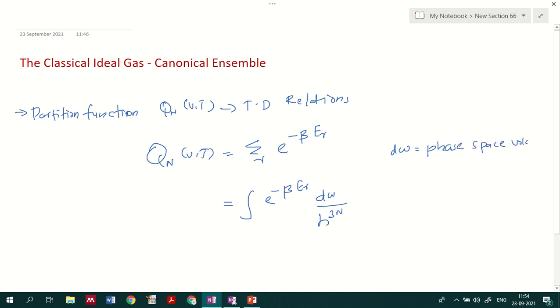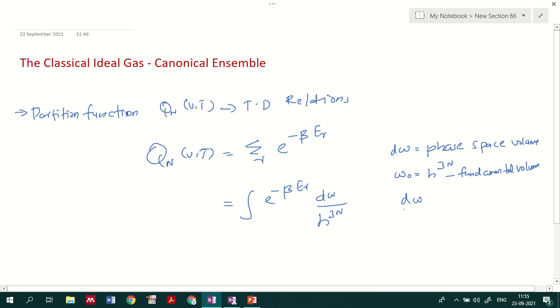This h raised to 3n is omega 0, the fundamental volume that we became familiar with when we discussed the classical ideal gas in the microcanonical ensemble. The fundamental volume means the volume of a single microstate.